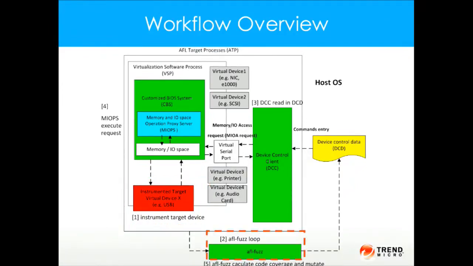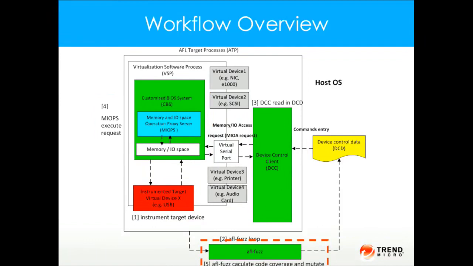And the second step, we will use AFL fuzz to launch the target application, aka device control client (DCC), and then the DCC will read in the formatted device control data and communicate with the proxy server via the virtual serial port, and then the proxy server will receive the request and execute the request inside the virtualization software process.